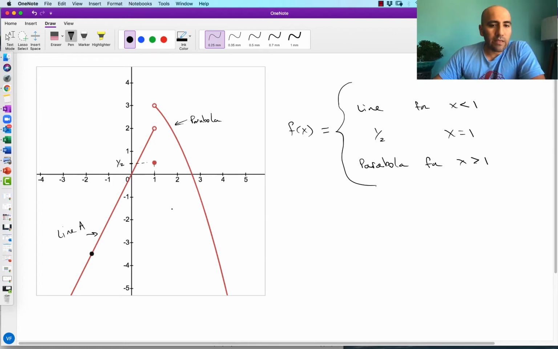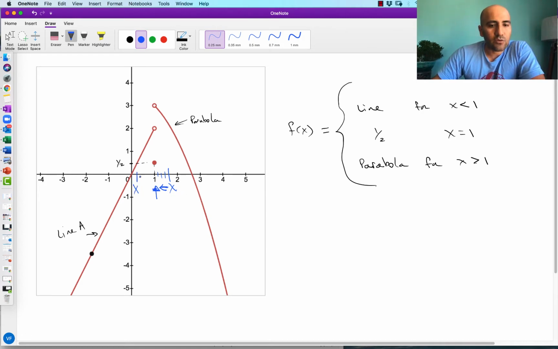Okay, when we're dealing with limits, what we're interested in doing is figuring out a pattern of where the function is headed, where the outputs are heading as the inputs head toward a particular direction. So in this case, we might be interested in identifying the pattern that might happen to our function as x gets close to the number 1. So as we choose values of x in this direction, and maybe here and here and here, and they approach 1 from the right-hand side, and also maybe from this direction.